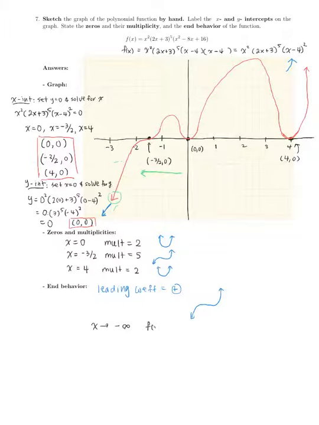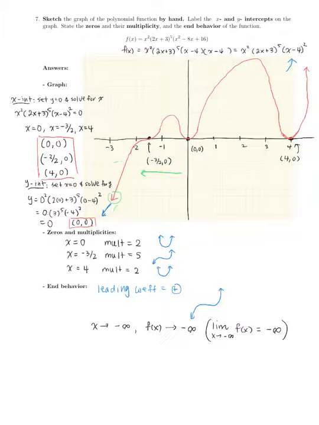So in this case, we write f of x goes to negative infinity. Those of you who are going to be taking calculus, we write this as the limit as x goes to negative infinity of f of x is negative infinity. But you don't have to write that. But if you want to impress me, go right ahead.